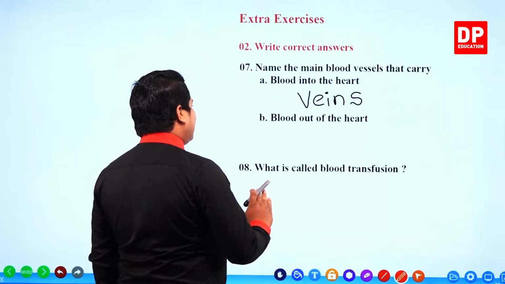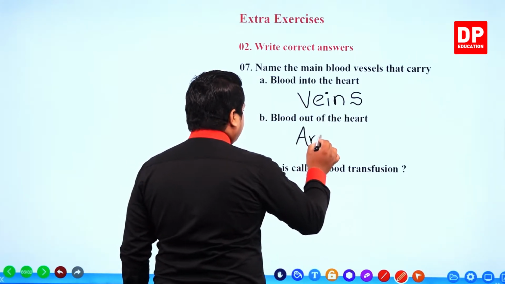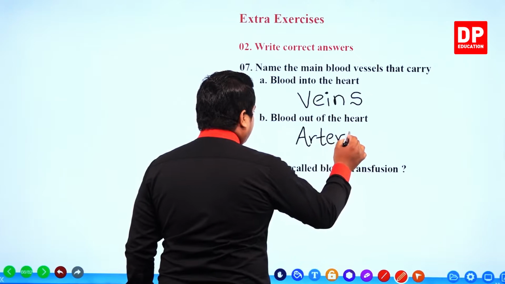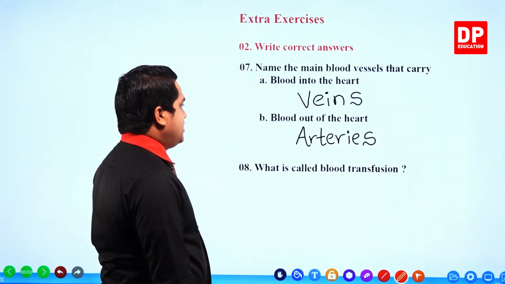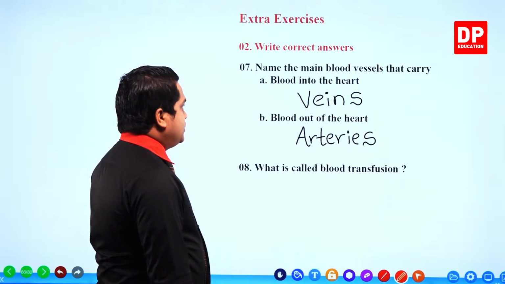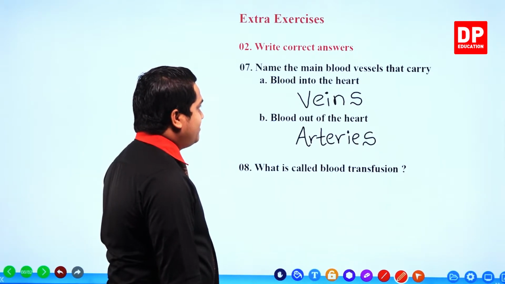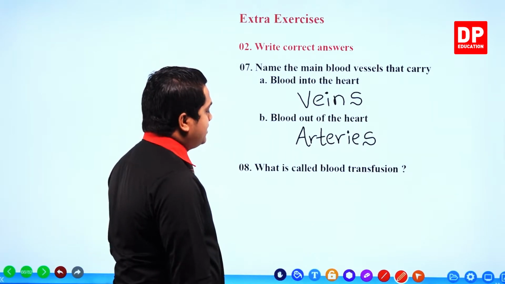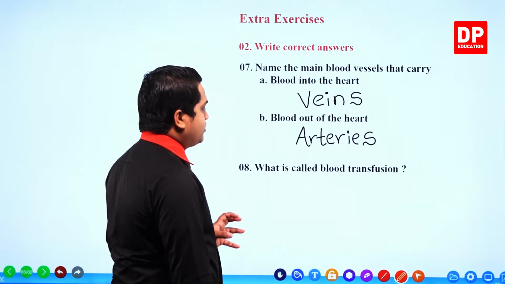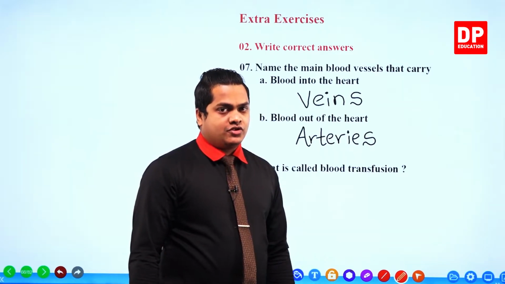If the blood is carried out of the heart, then those are called arteries. So blood vessels which take blood into the heart are called veins, and blood vessels which take blood out of the heart are called arteries. Arteries and veins are the answers, my dear children. Right.